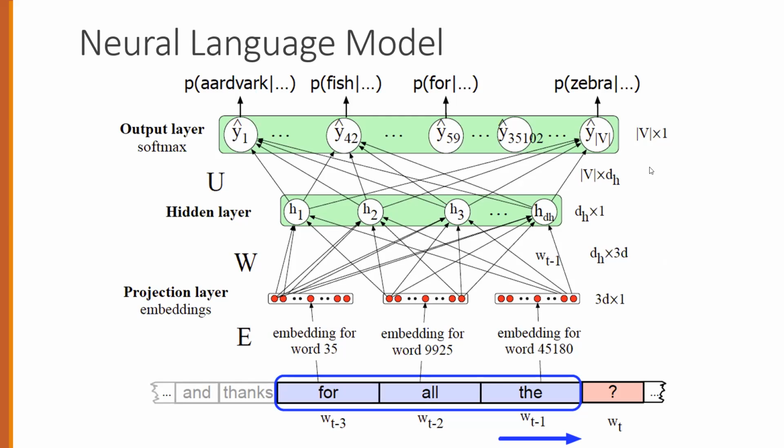These 3 vectors are concatenated together to produce x, the input layer of the neural network, whose output is a softmax with the probability distribution over words. Thus, y_42, the value of node 42, is the probability of the next word w_t being V_42, that is, the vocabulary word with index 42.